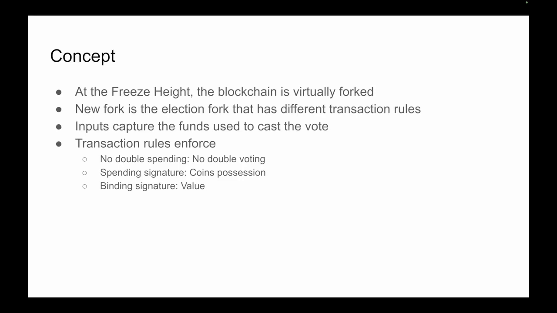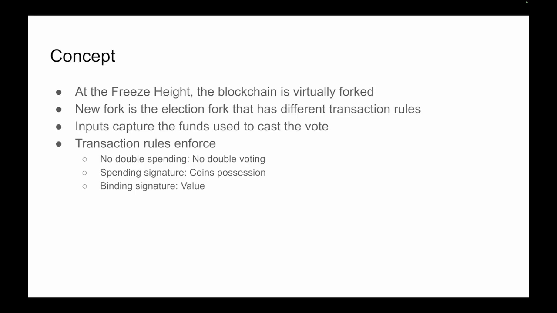So at the freeze height, if it was a fork, it would be the snapshot. The Zcash blockchain is virtually forked. Virtually forked here means that we're not going to run another chain. We're not going to have miners.